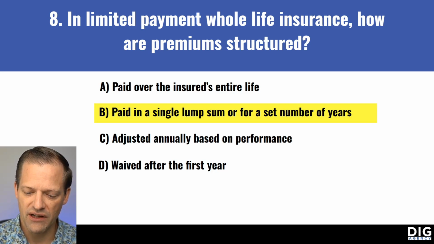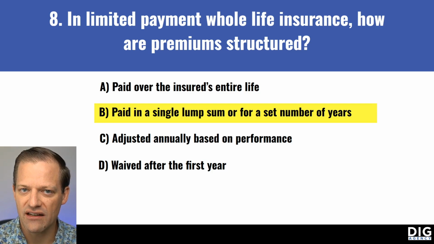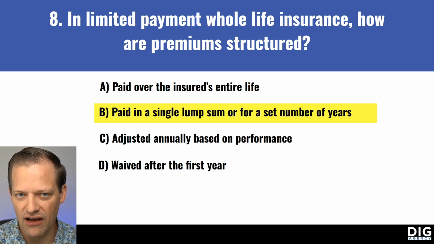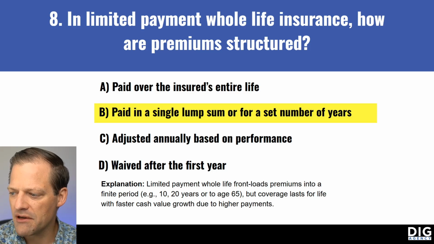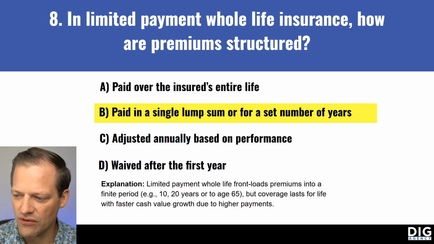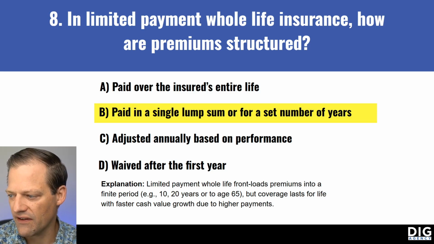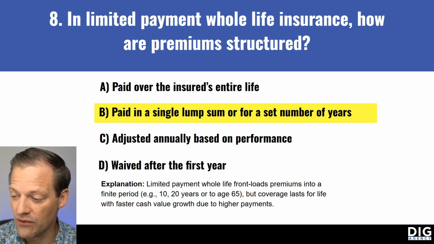The premiums are fixed, but instead of paying your whole life, we're going to limit the number of payments over a set period of time. And then you stop paying it, not necessarily endows, but it gets to the point where you don't have to pay it anymore. Limited payment whole life front loads premiums into a finite period, typically 10 years, 20 years, or you pay until age 65. But coverage lasts for life with faster cash value growth due to higher payments.